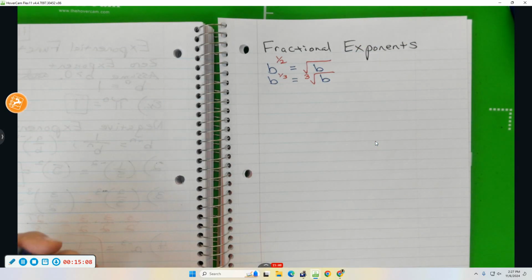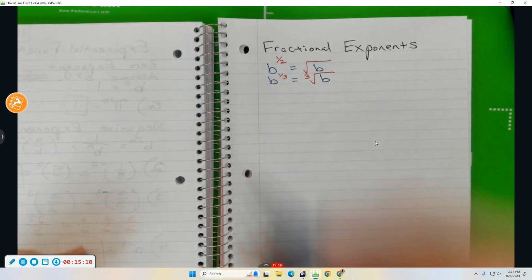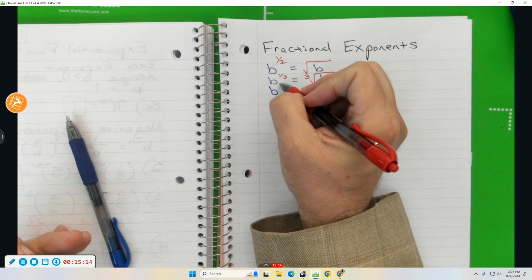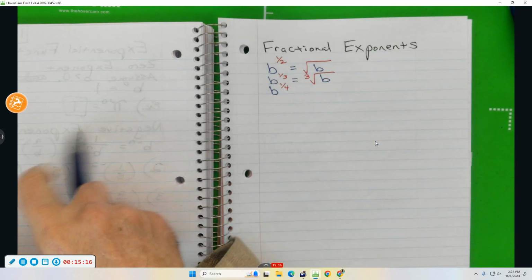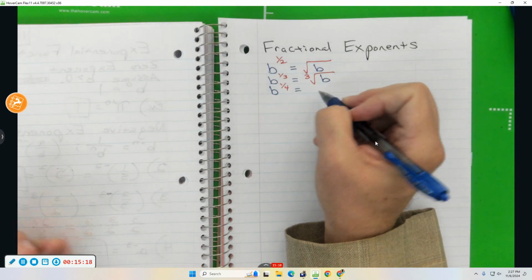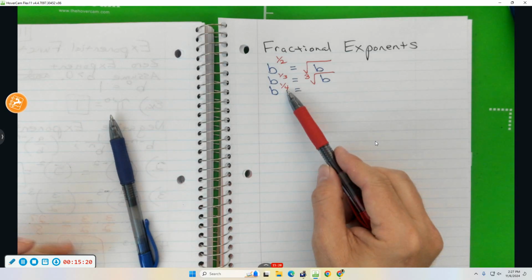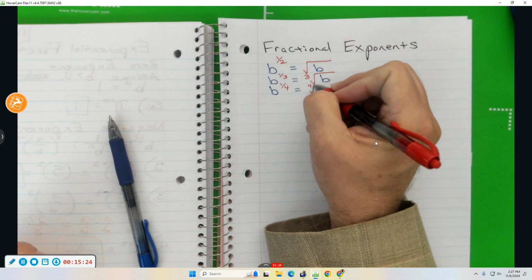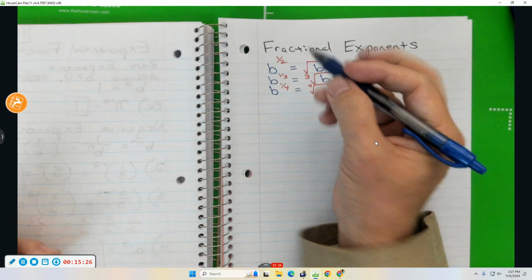And we can keep applying that logic, expanding it. If it's b to the 1/4, what sort of a root would it be? A 1/4 power is the same thing as a 4th root of b.